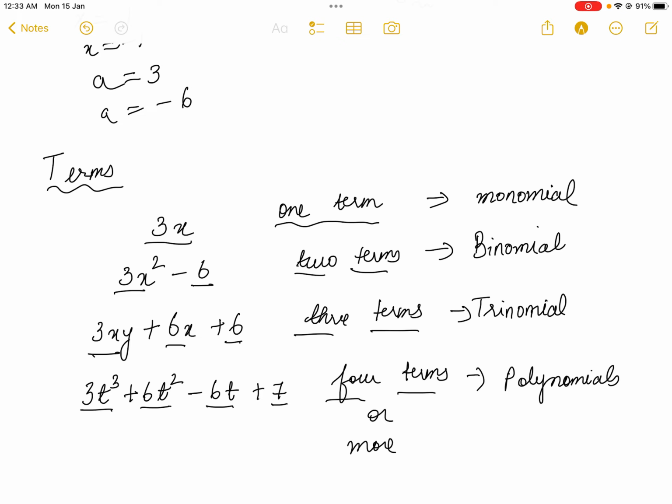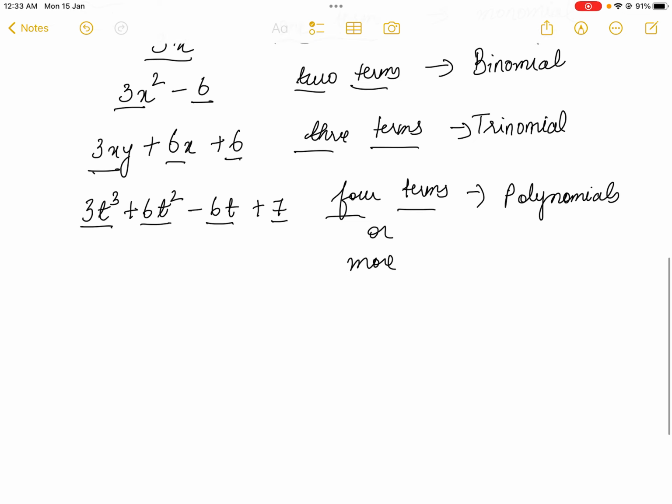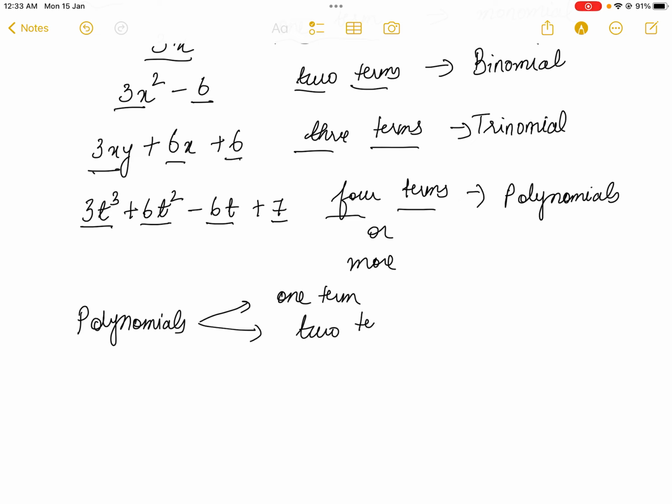Okay, but you must remember, polynomials are algebraic expressions which can take 1 term, even 2 terms, even 3 terms or more. So 4 or more terms. Clear? These are all polynomials.